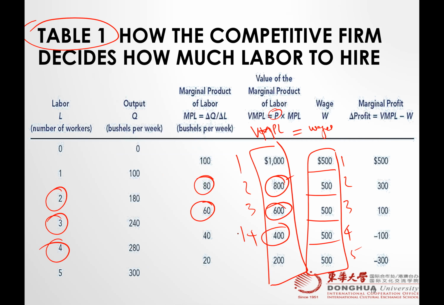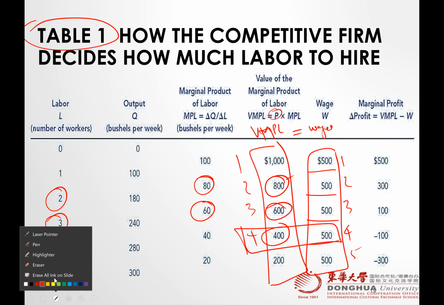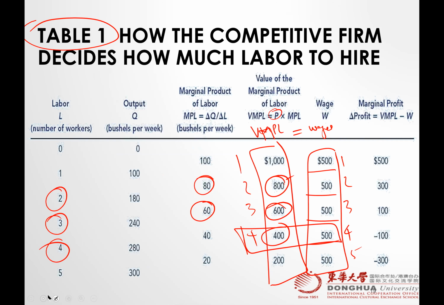So is it this? Which means, do we hire 4 workers or do we hire 3 workers? With the fourth worker, we are paying 500 and we are receiving revenue from him of 400.